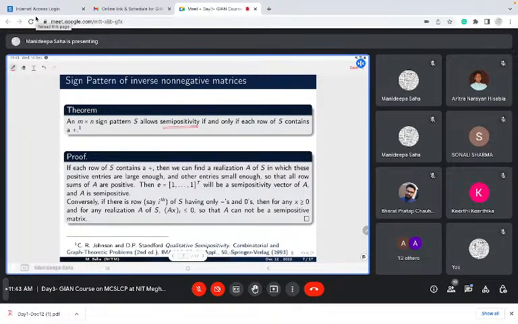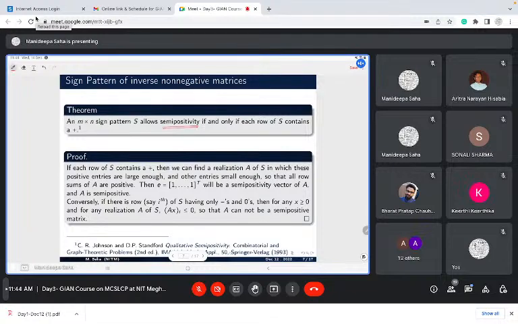So S is a sign pattern, and that is semi-positivity. Allow means what? Allow means there exists a realization whose sign pattern is S. Fine. There exists a matrix whose sign pattern is S, and that is also semi-positive. So that's what I mean, that S allows semi-positivity. So let us see the proof of why this is true.